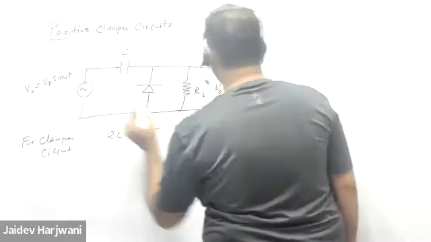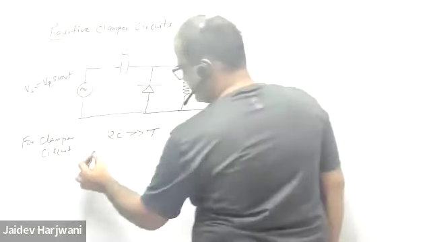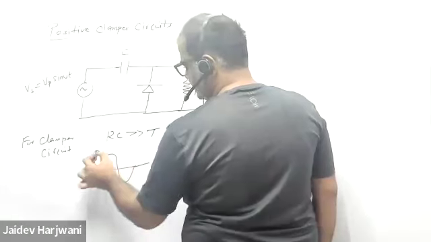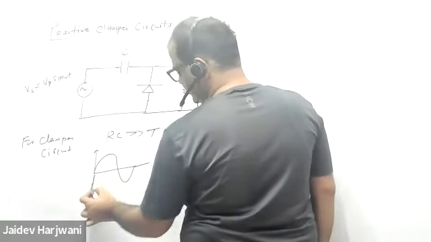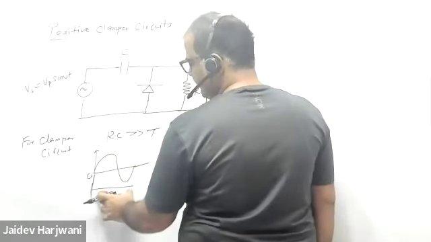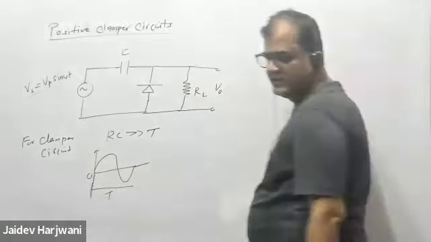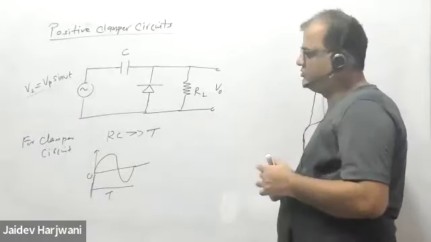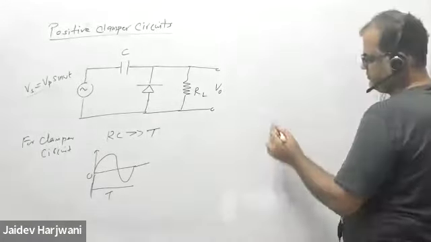Time period of the signal means this is my signal. And this is my signal time period. This time period should be less than the RC. So you know the equation.